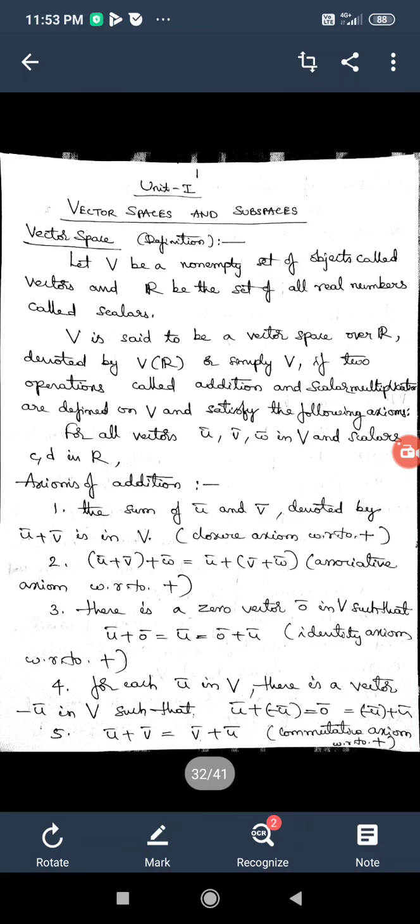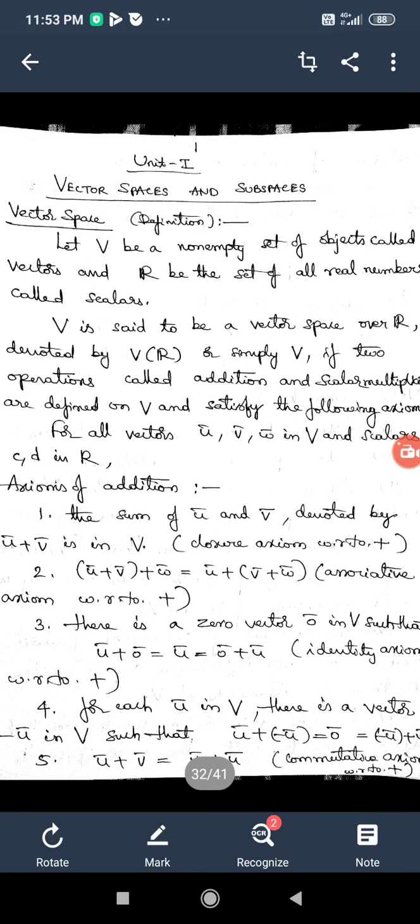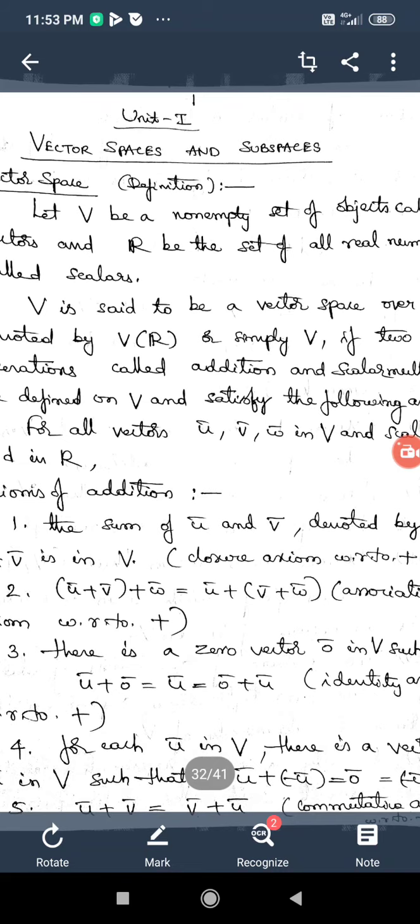Now let us see what is the third property. There is a 0 vector 0 bar in V such that u bar plus 0 bar is equal to u bar, and we can say further it is equal to 0 bar plus u bar. That means 0 bar is acting as additive identity.